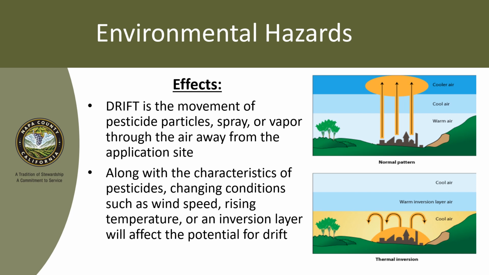It just hits a ceiling and comes right back down, but it might move sideways before it comes down, and that is the dreaded inversion layer that we never want to do applications when it is present. You may have seen other photographs of smoke from a chimney that rises vertically, and then all of a sudden you can see clearly that it goes off to the left and to the right because it literally hits a wall, because of a warm layer of air above the ground level air.